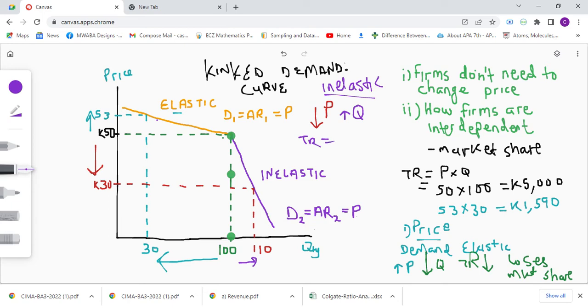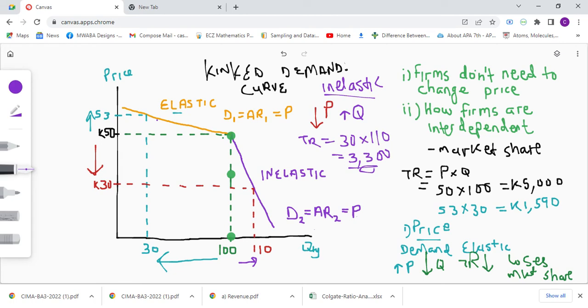For the total revenue, 30 times 110, you get 3,300. So the total revenue is going to drop.